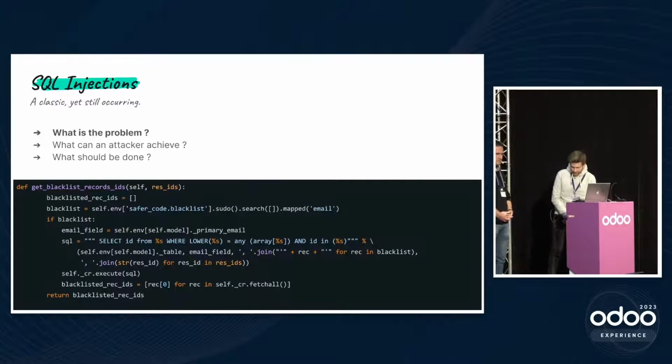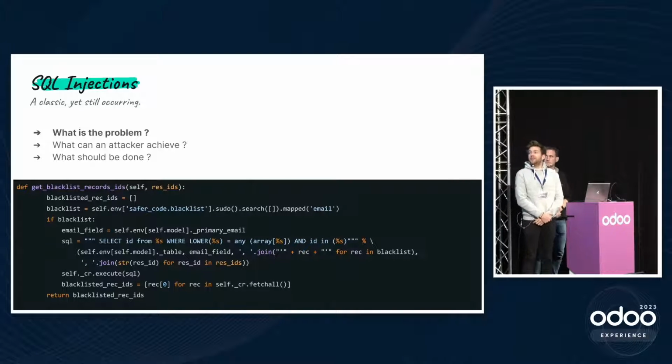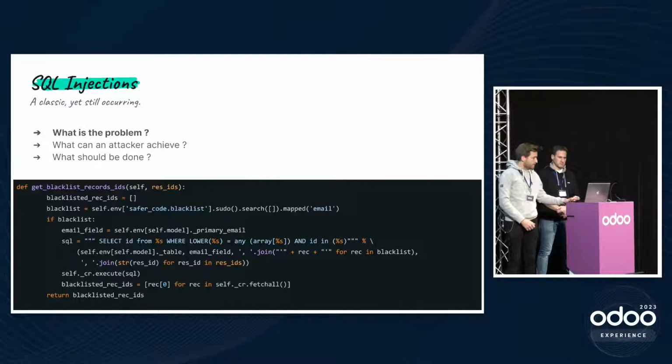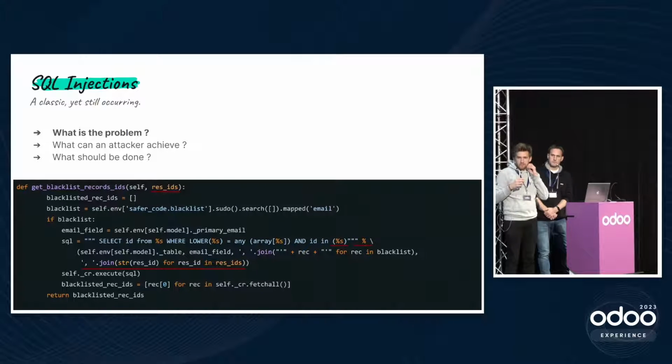So here, we are going to jump into details. This is code. In this example, there are actually two possible SQL injections and two problems in general. So the first problem here is that you can use the parameters as IDs to inject some injection into the SQL statement.